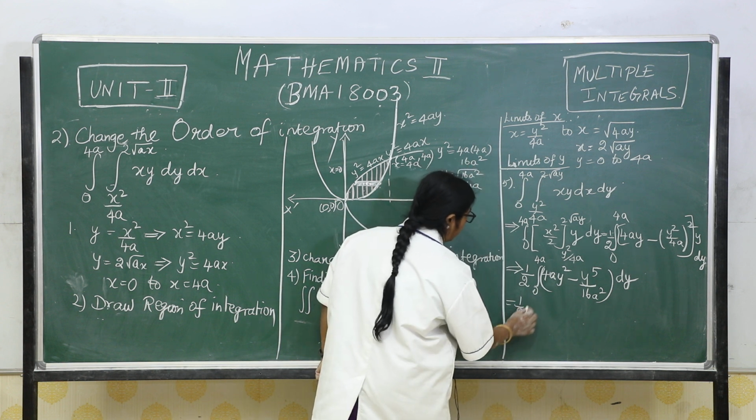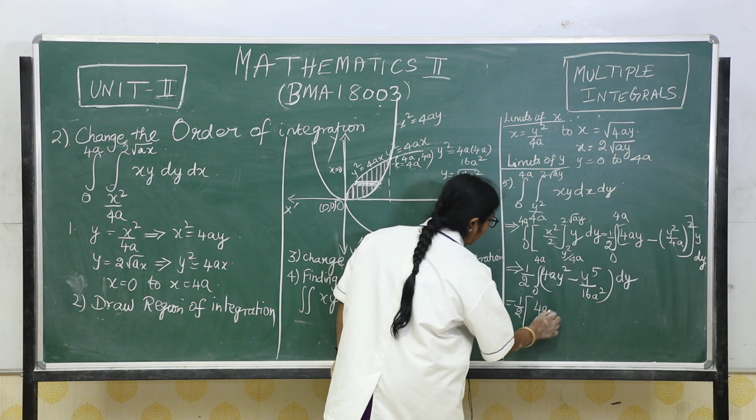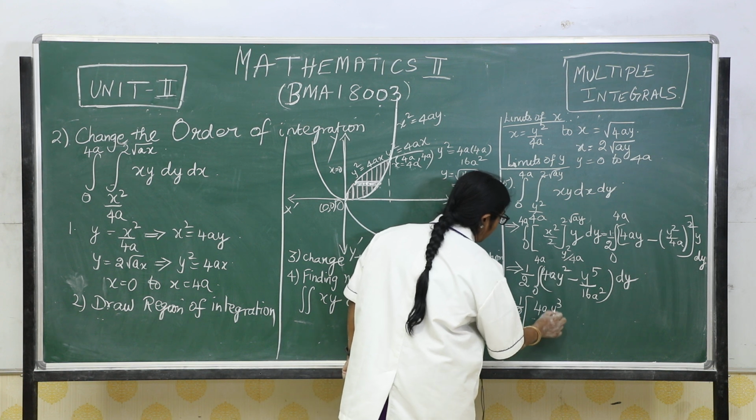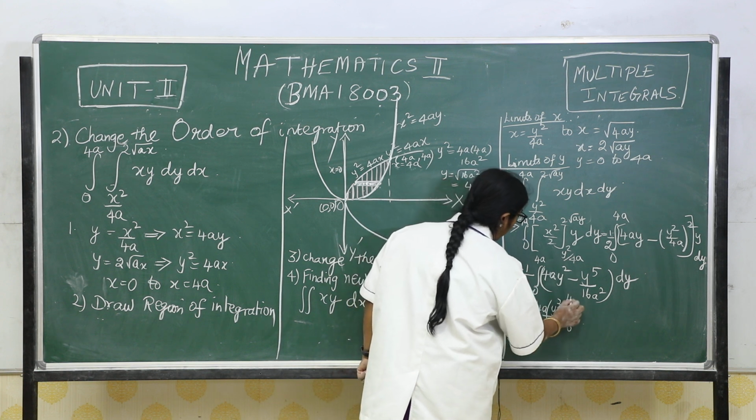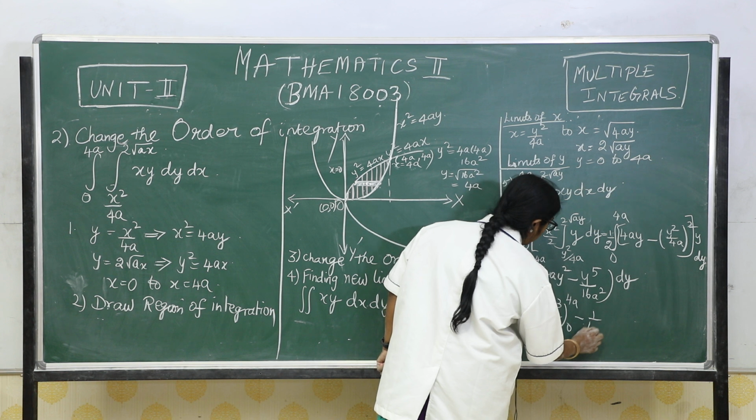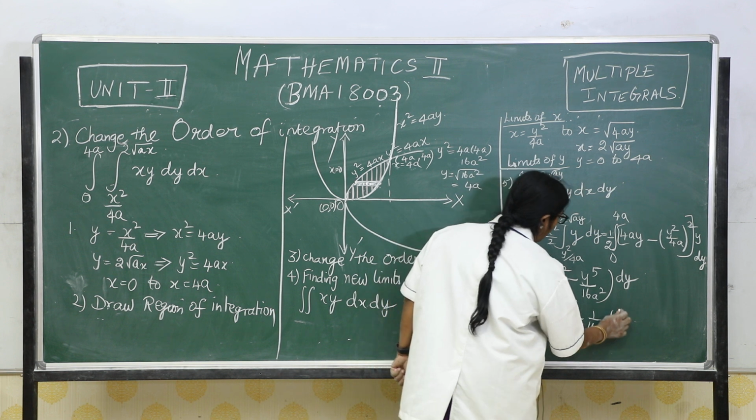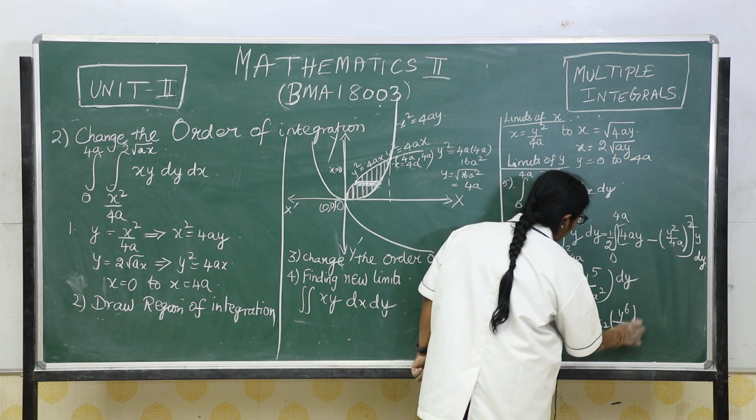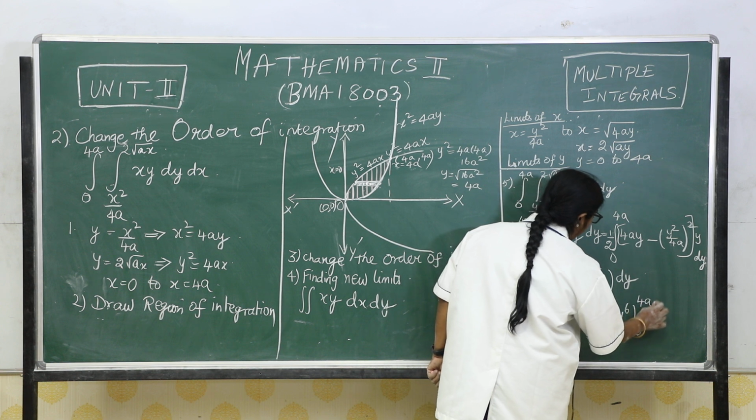What do I get? 4a into y cube divided by 3, substitution 0 to 4a, minus 1 by 16a squared into y power 6 divided by 6 between 0 to 4a.